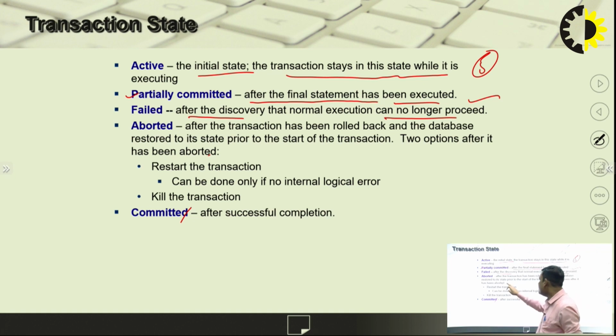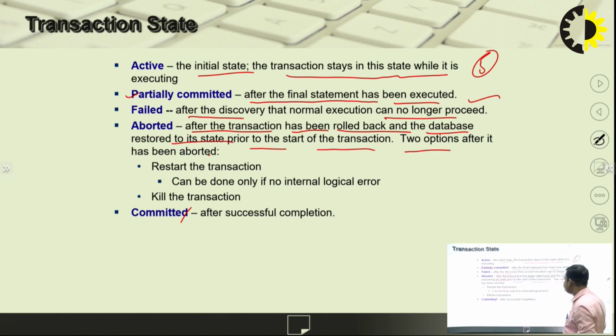Aborted state: after the transaction has been rolled back, the database is restored to the state prior to the transaction. And last is committed: the transaction has completed successfully.